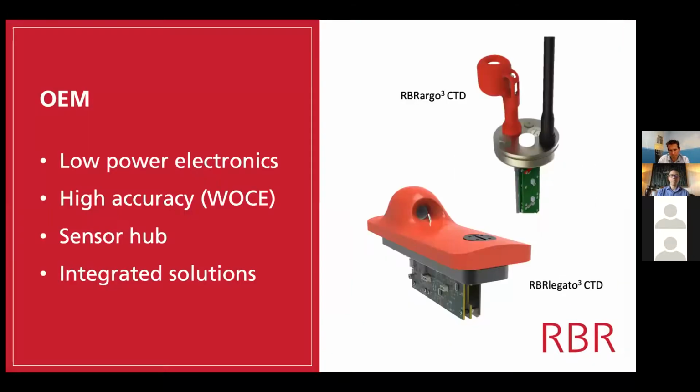Well, we have created the RBR Argo CTD, and that has been implemented into a number of Argo floats, as well as now the RBR Legato, which is the point of this presentation, which is really designed specifically for gliders and AUVs. The benefits are the low power electronics and very high accuracy. They act as a sensor hub for other sensors as well, and it's very well integrated into the platforms.